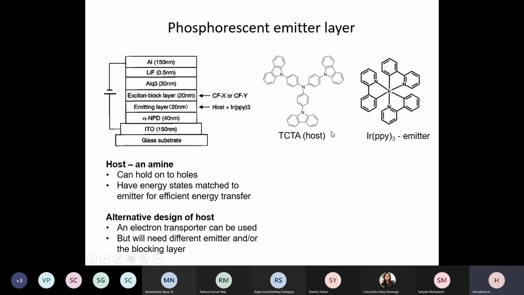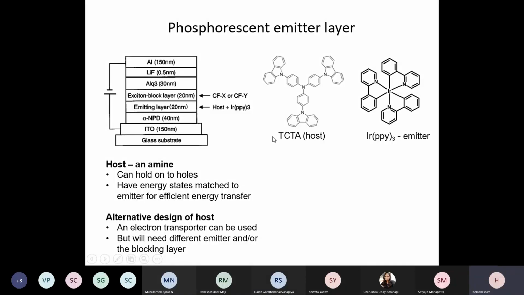So this is one example of a host molecule that is an amine. Here also you can see this amine with benzene rings next to it. Those kinds of molecules are good for this kind of application.